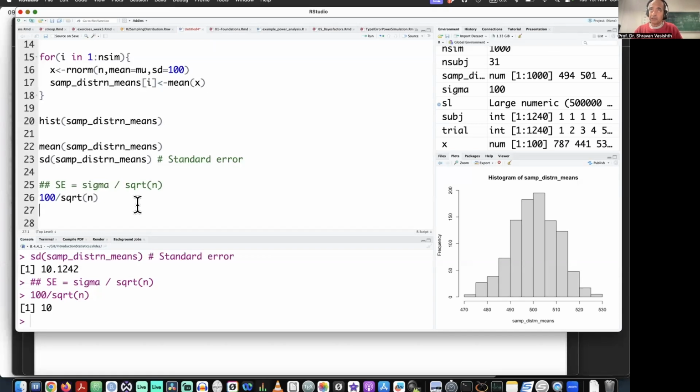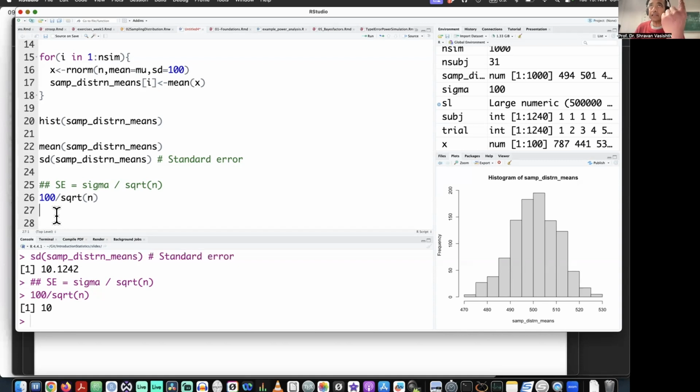What is really interesting about the frequentist setup is that from a single sample, I'm no longer talking about repeated sampling, from a single sample, we can get an estimate of the standard error. What that means is that once I've collected a single sample, like the Stroop data, I can actually describe the distribution of the means that I would get if I were to, counterfactually, repeatedly run that experiment.